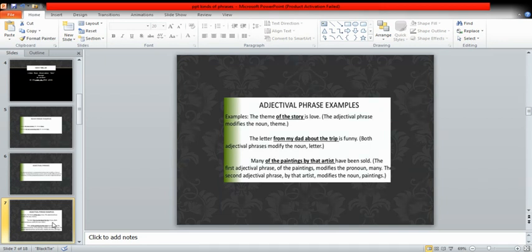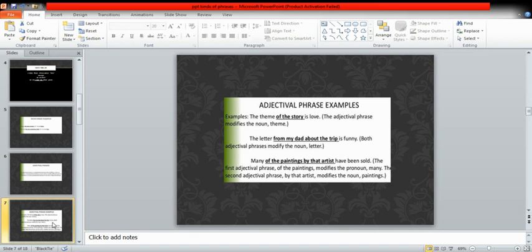The theme of the story is love. Of the story is underlined. This phrase is modifying the noun in the sentence, which is theme. The next example is: the letter from my dad about the trip is funny. From my dad about the trip is an adjective phrase because it is describing the noun, which is the letter.